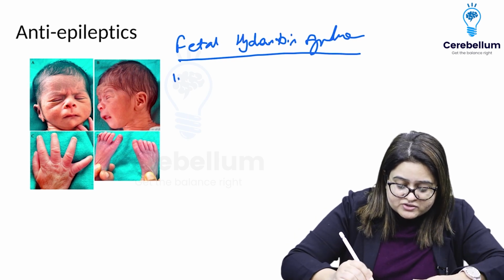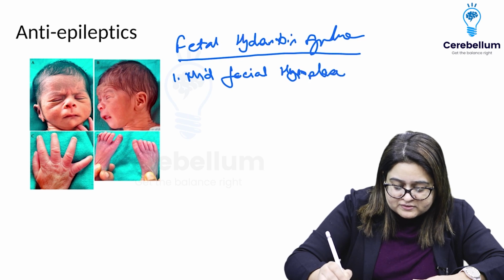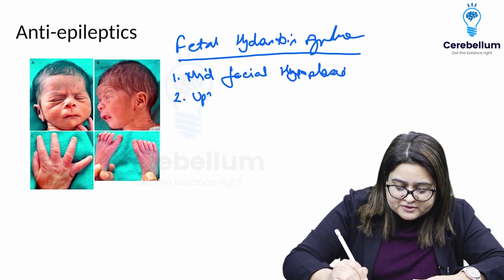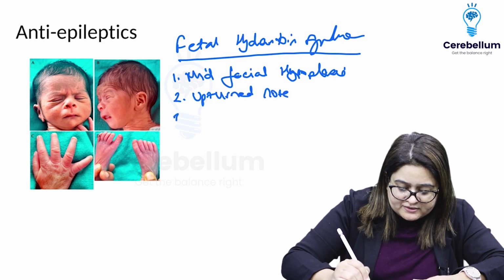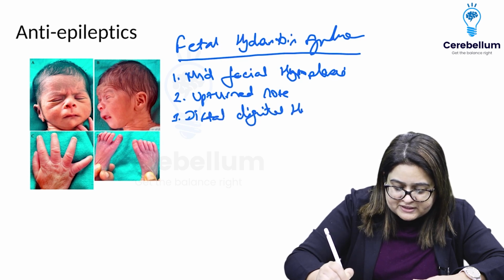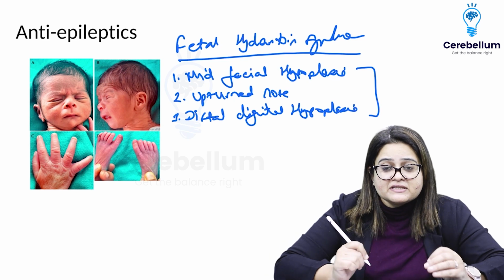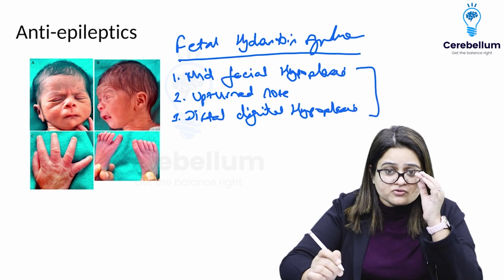It basically consists of midfacial hypoplasia, an upturned nose, and distal digital hypoplasia, that is short fingers and short toes. Okay, so these are characteristically seen with fetal hydantoin syndrome.